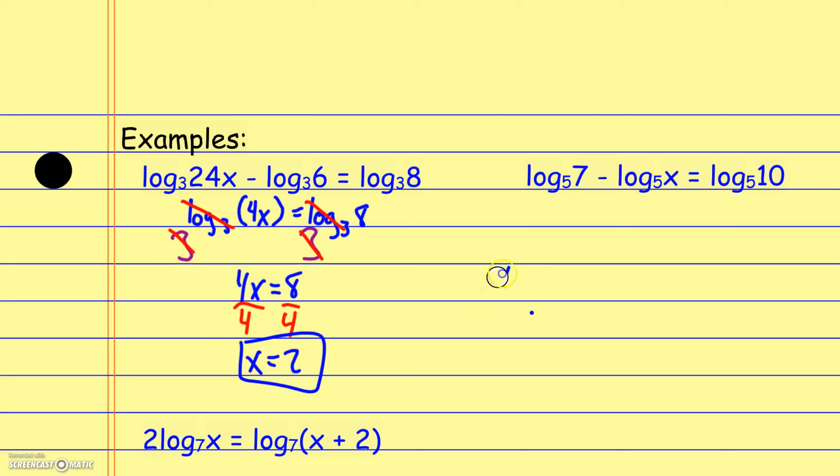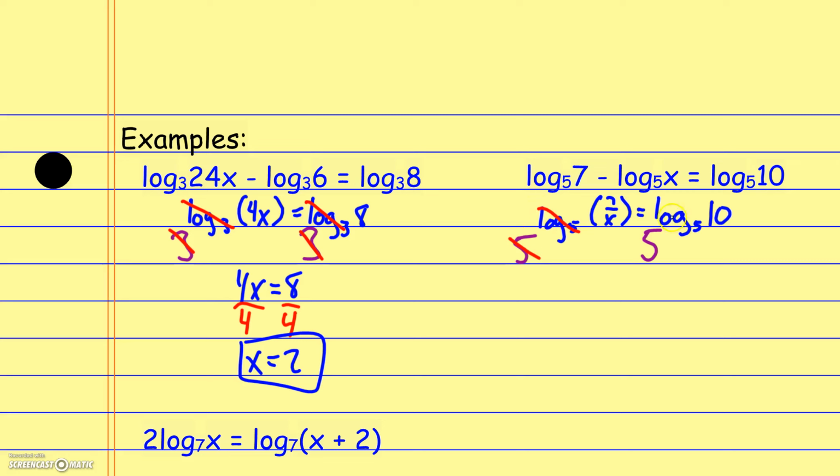Same thing with the next one. Subtraction becomes division inside the logarithm, so this is going to be log base 5 of 7 over x when I divide. And now to undo log base 5, I have to do 5 raised to the power of each side, so I do 5 raised to this power equals 5 raised to this power.